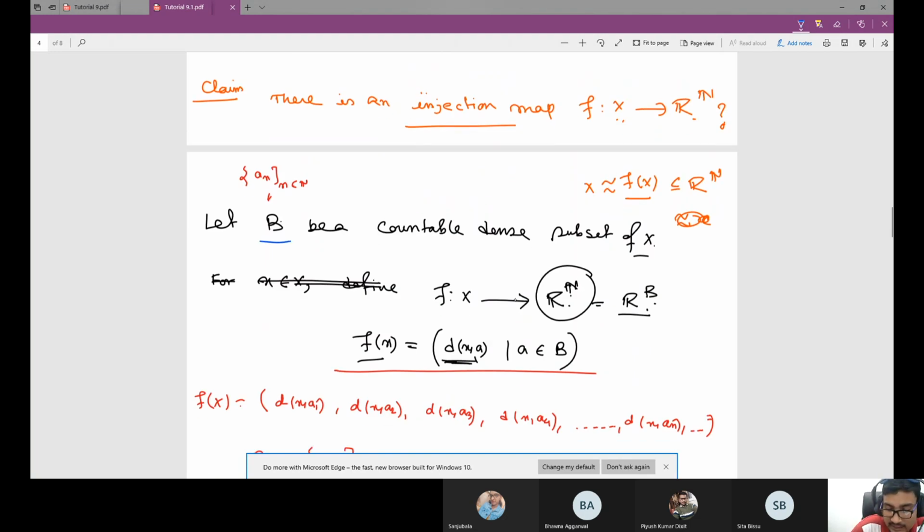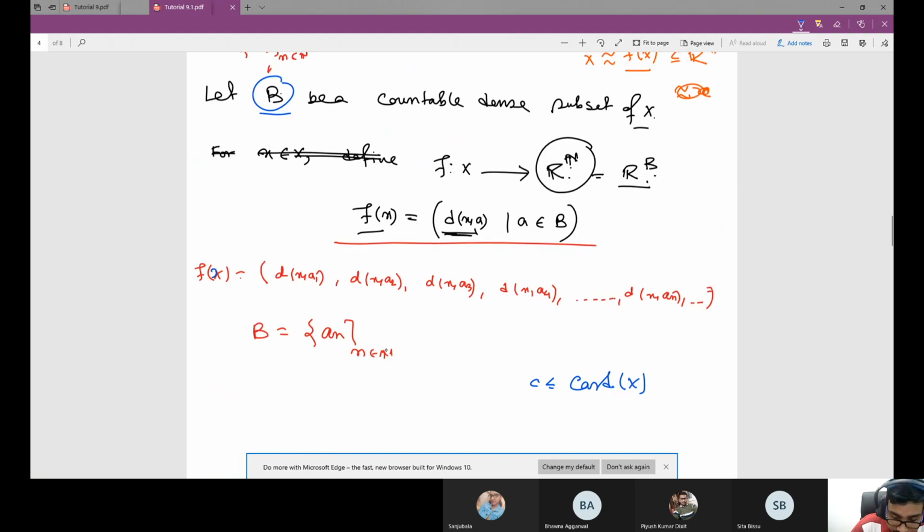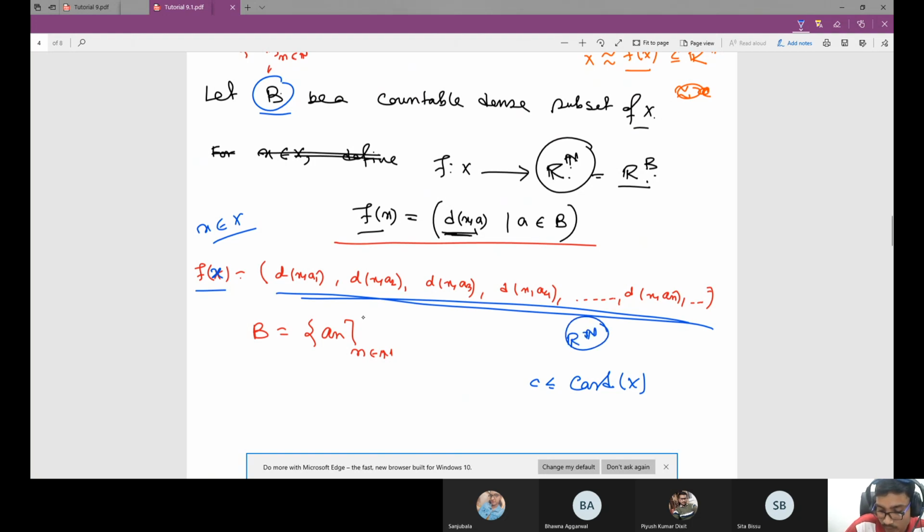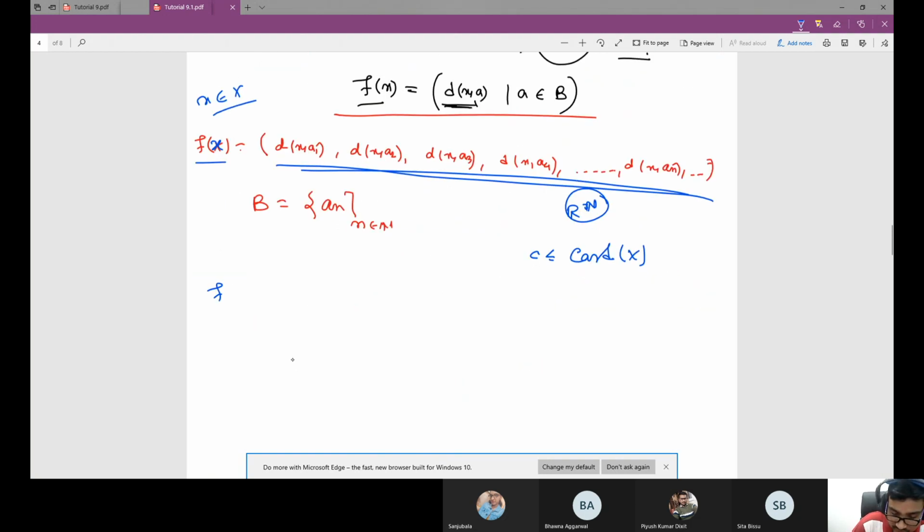We have assumed that B has a countable dense subset, and let's say the elements of B look like a1, a2, up to an. Now for each x belonging to X, we define a function f as f(x) equal to this tuple, an element from R infinity, or you can say R power n. Our aim is to prove that this function f is injective.